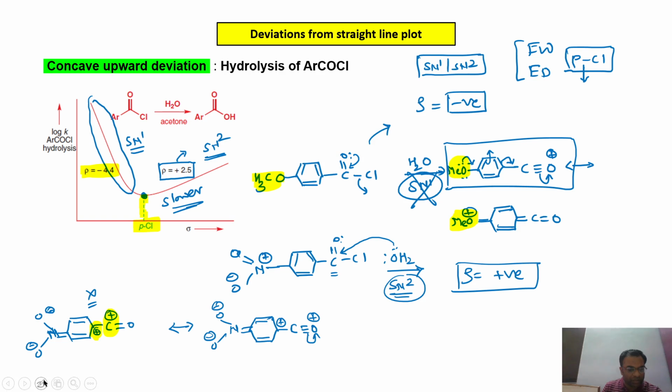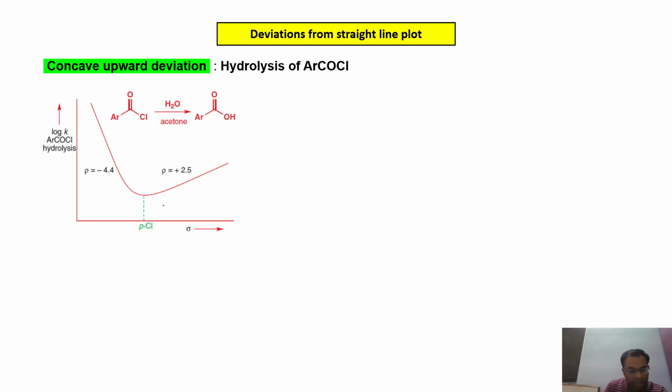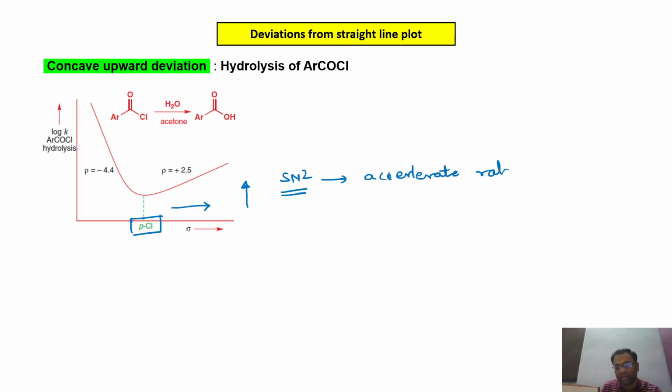But as we shift from para-chloro to a stronger electron withdrawing group, the rate of reaction increases, as this favors the SN2 reaction and accelerates the rate of reaction.